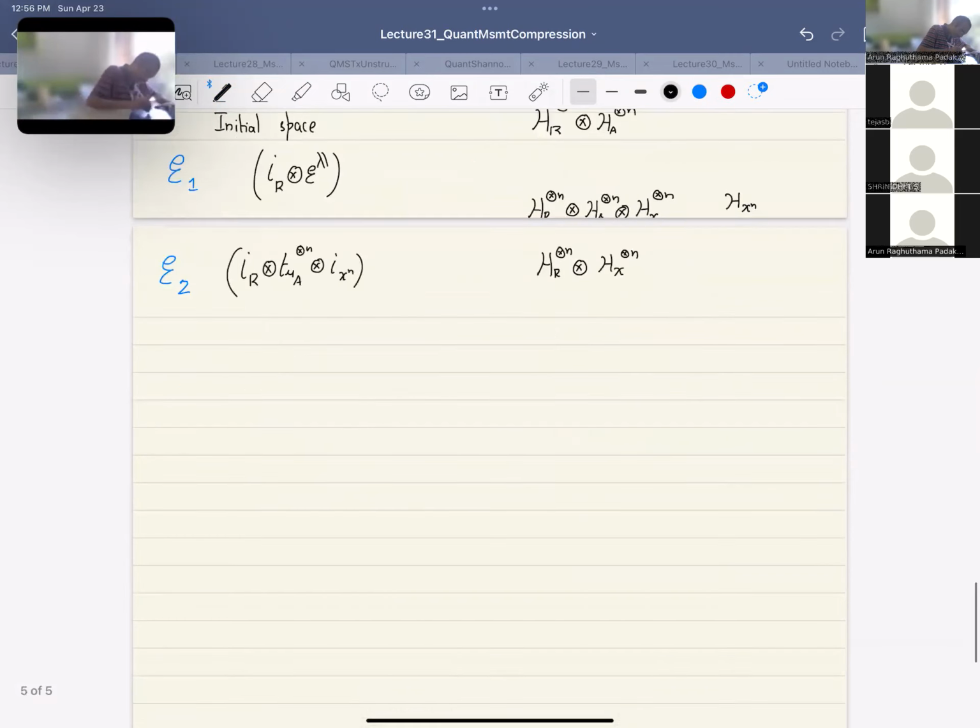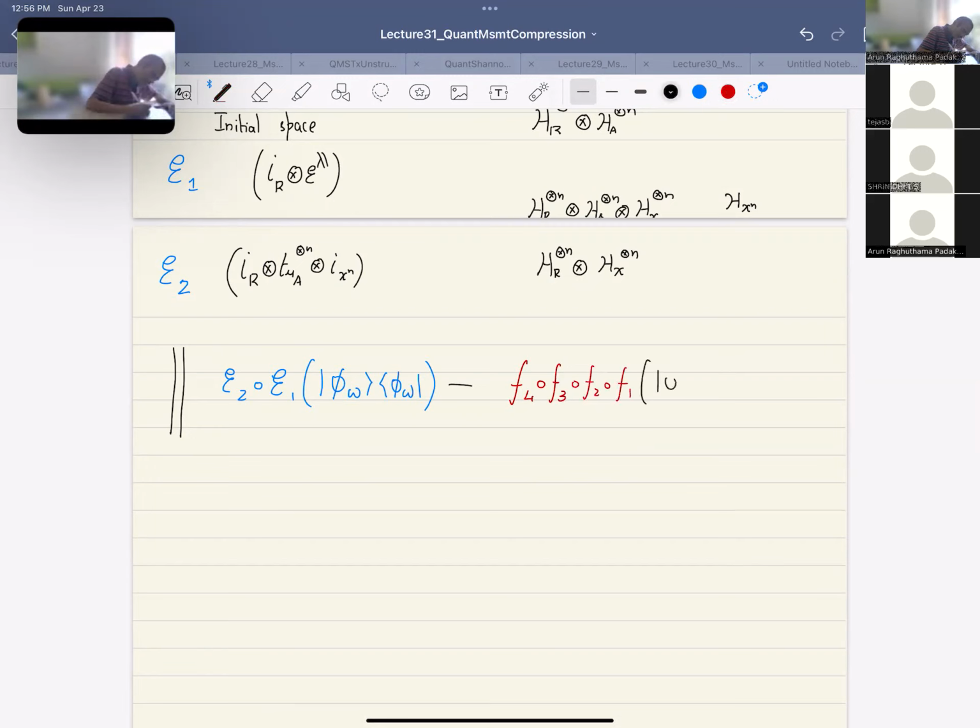I'm looking at this object: E1 followed by E2 operated on phi omega without any public coins, minus F4 follows F3 follows F2 follows F1 operated on phi omega k. Public coins are there, but as consumables, used up at the end. This is what I'm interested in.